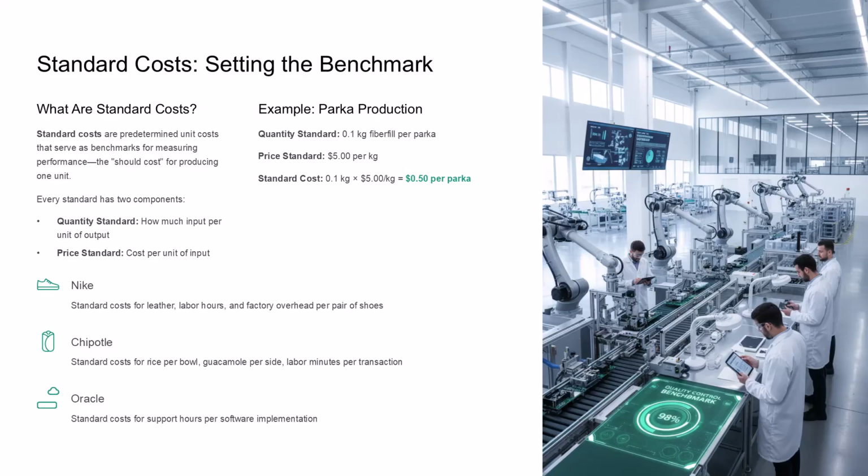For overhead, you analyze historical data and expected activity levels. The goal is standards that are tight enough to motivate efficiency, but realistic enough to be achievable. As Vince Lombardi said, perfection is not attainable, but if we chase perfection, we can catch excellence. Standards embody that philosophy. They set the target we aim for, and variance analysis tells us how close we got.